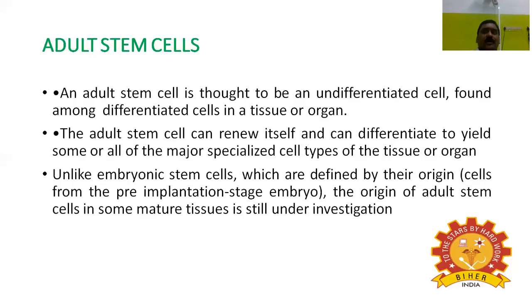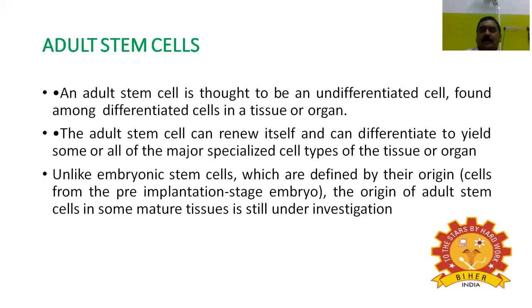How will you define the adult stem cells? An adult stem cell is thought to be an undifferentiated cell among the differentiated cells in a tissue or organ.